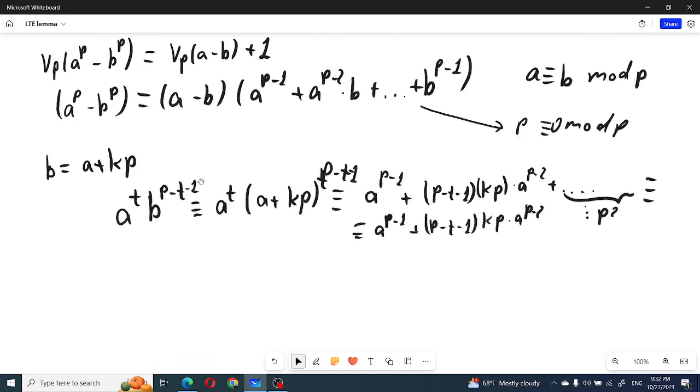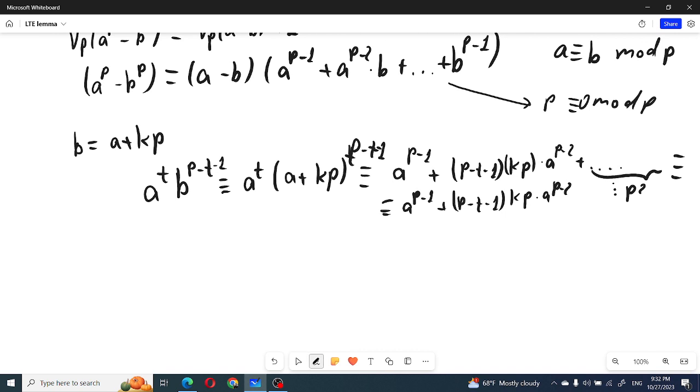Now we can use this to take the whole sum mod p square. This sum mod p square.